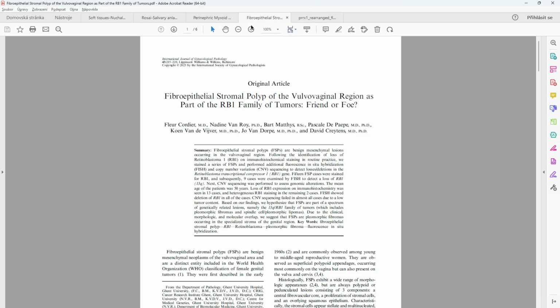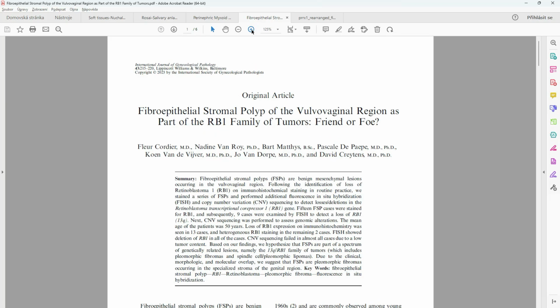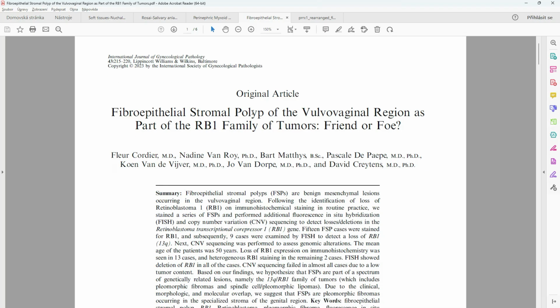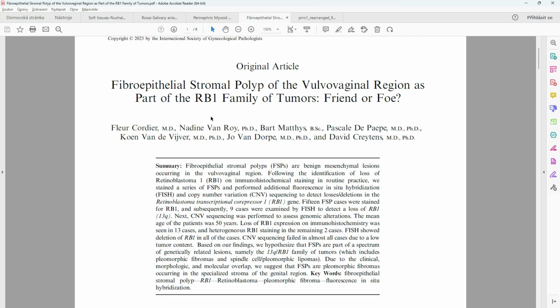They took these fibroepithelial stromal polyps and tried RB1 immunohistochemistry, and they found that part of them are positive, part of them negative. When you see fibroepithelial polyp, what does it mean? That there is epithelium, there is stroma, which is everywhere. I still think it's the same pathology as in the previous case I showed you. Yeah? Just do not overdiagnose them as malignant cases as sarcoma.